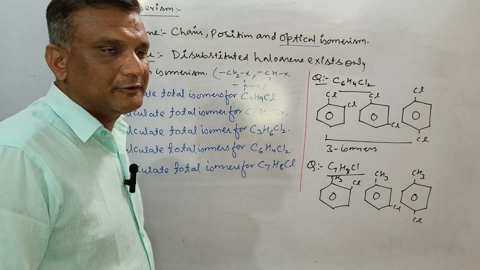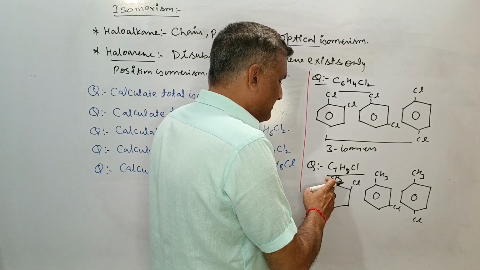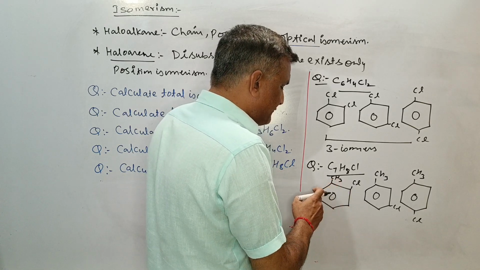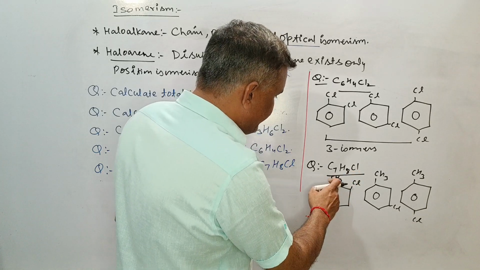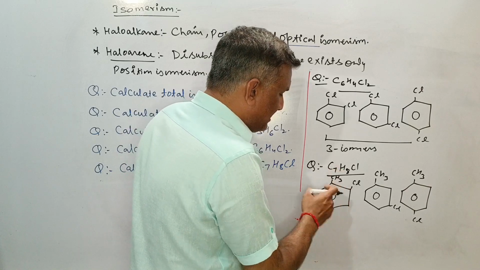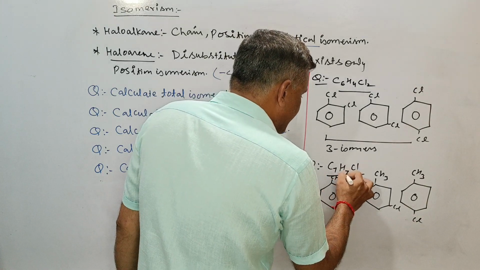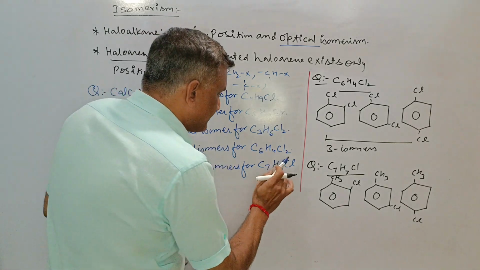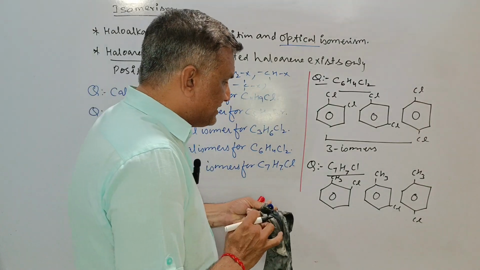Ortho, meta, para chlorotoluene. 3 position isomers. You can count the carbon 1, 2, 3, 4, 5, 6, 7. Hydrogen 3, 4, 5, 6, 7. And C7H7, sorry, it should be C7H7. You can change here also. This is the C7H7.